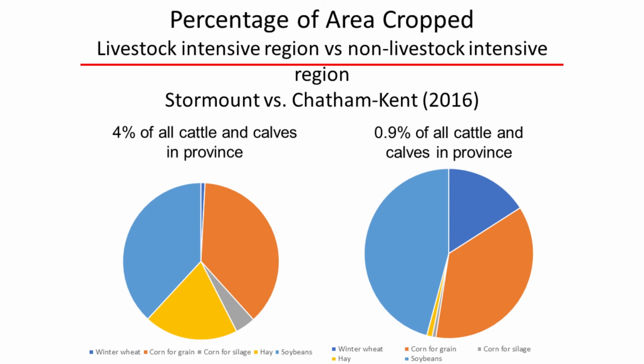And corn for silage is essentially corn where the whole plant is harvested and then ensiled for cattle consumption. When we look at Chatham-Kent, we have virtually no corn for silage or hay being grown in that county. Instead, we have corn, soybeans, and to a lesser extent, winter wheat.